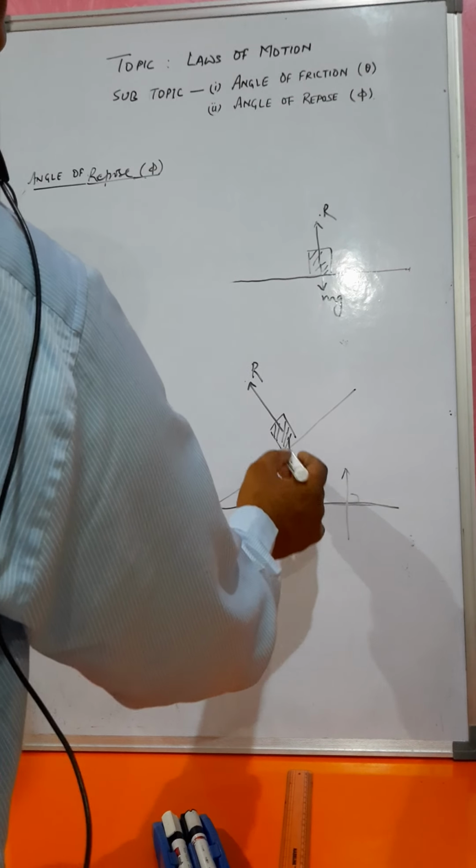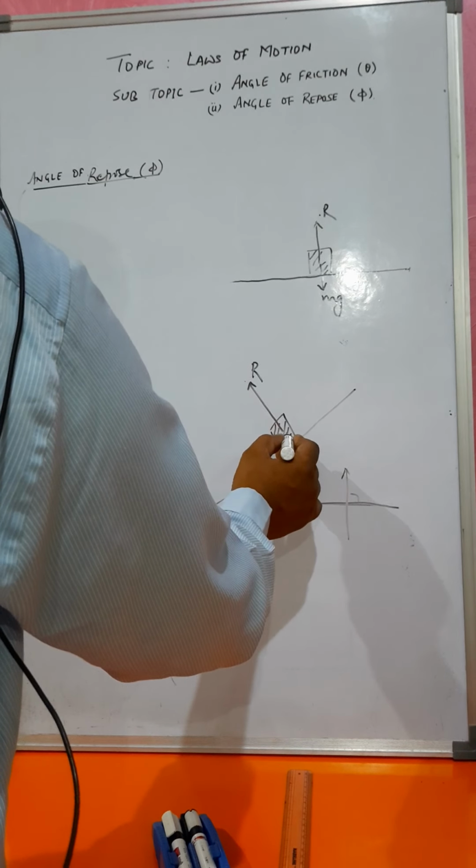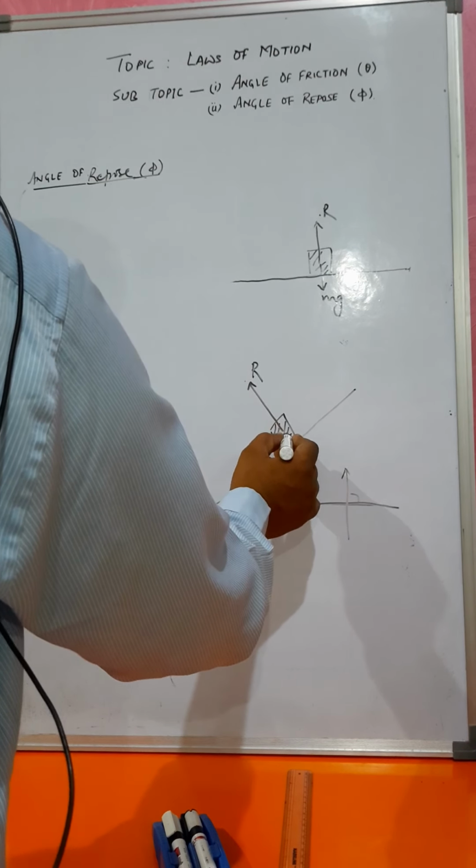Now see this mg, if we resolve it into two components, then mg sin theta, this angle will be equal to phi. So this will be mg sin theta.